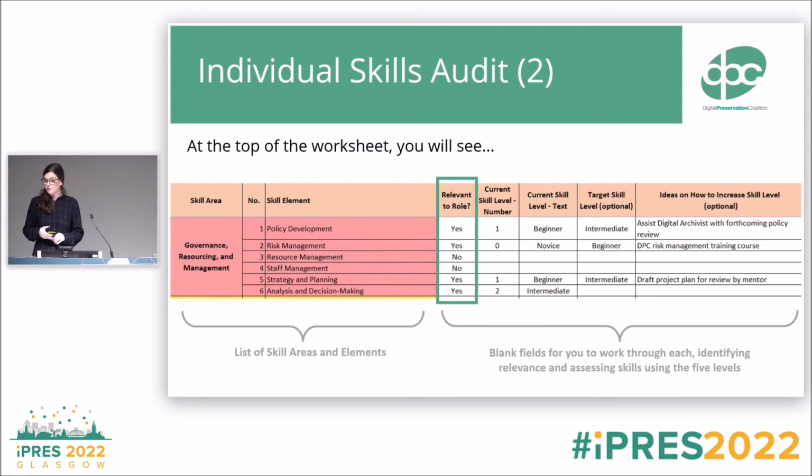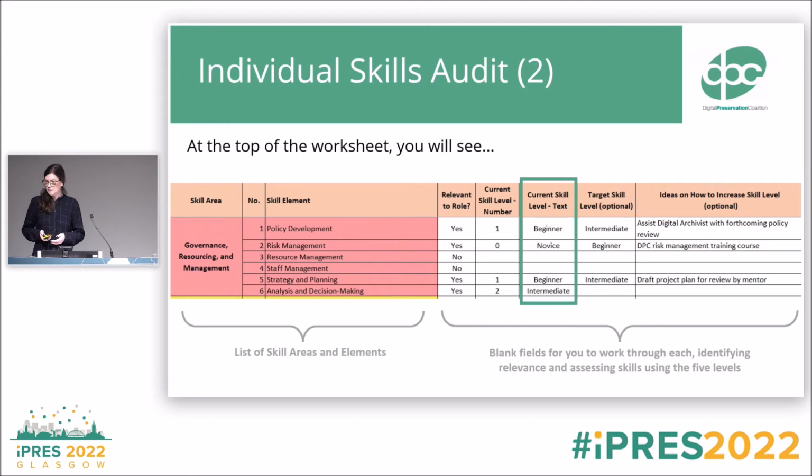It covers a whole range of skills across an organization. So the first column is determining whether this is relevant to your role or not. From there, you can put in your current skill level, which CAT level you're at. Once you put that in, there should be automated text, so if you put 1, there'll be beginner, 0, novice, and so forth.